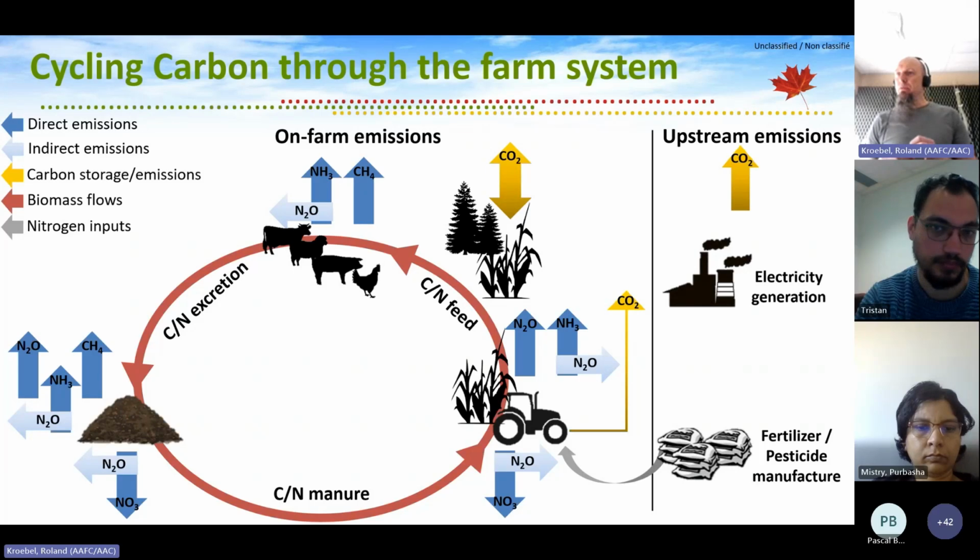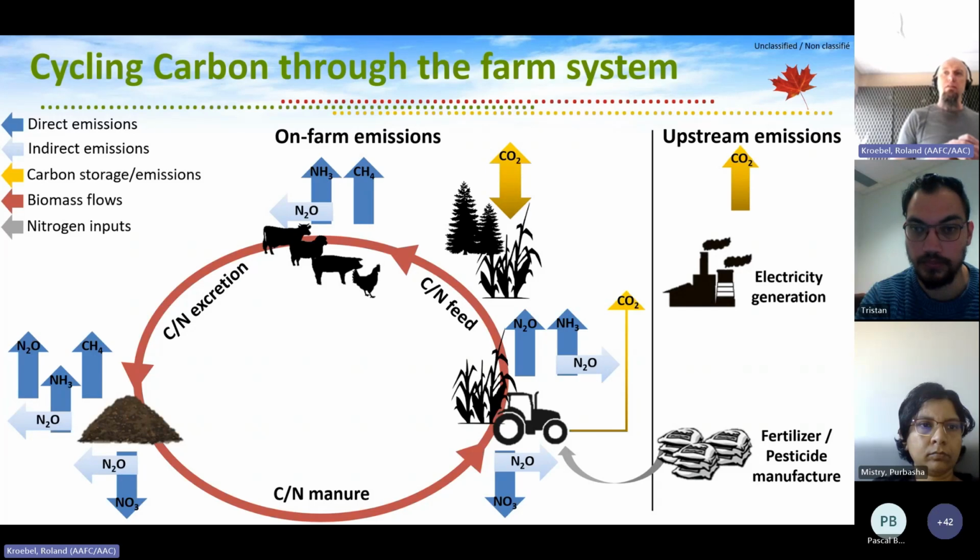And then maybe for Gail, there are basically in the model these upstream emission estimates in there, if people want to do a carbon footprint analysis of an agricultural product.